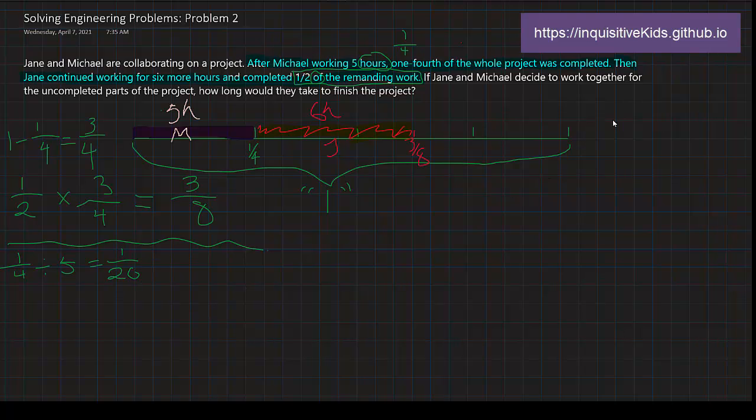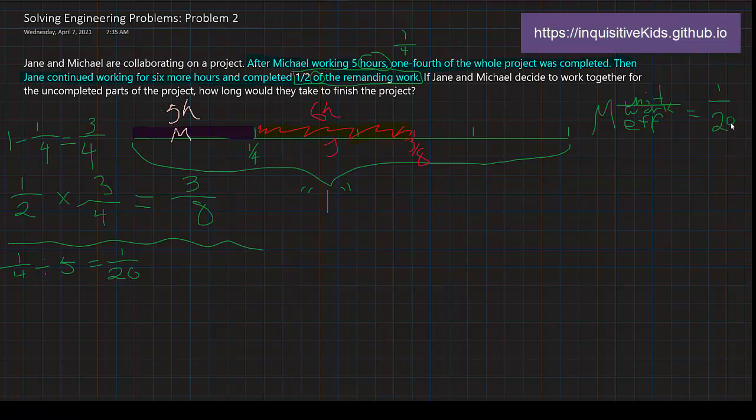So Michael's unit rate, I'm just going to write Michael unit. You know what? Michael's work efficiency is equal to 1/20 per hour.